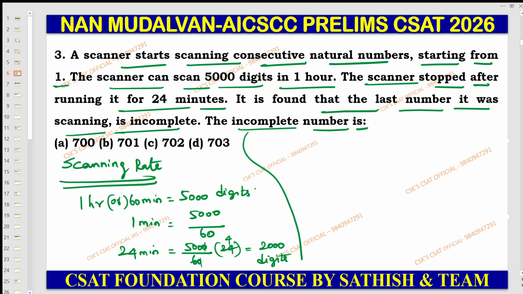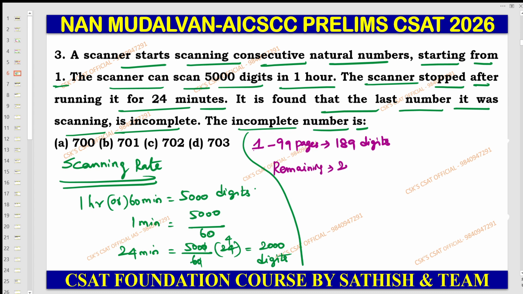2000 digits. Right. Now you know the page number concept. If you know the page number concept, it is easy. 1 to 99 pages, how many digits are required? 189 digits required. Understood? So revise those concepts, because every second is important in the examination.